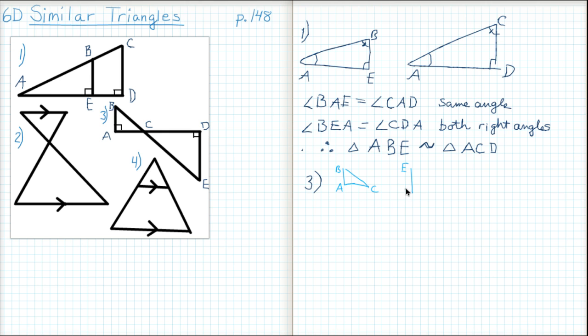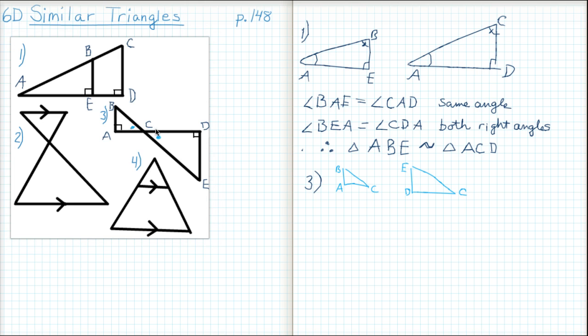And D is at the bottom. And then it goes out to this part where they cross, that's C. So that'll help me make sure I compare the angles in the right order. Over here, I've got right angles again, so that's going to be easy to compare. And then this angle is equal to this angle.